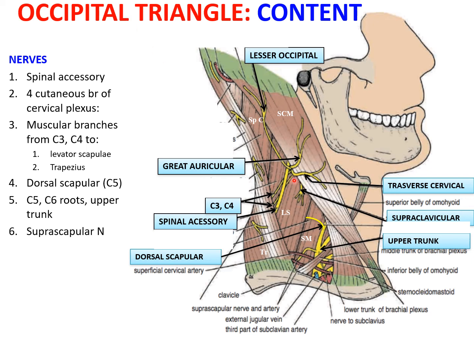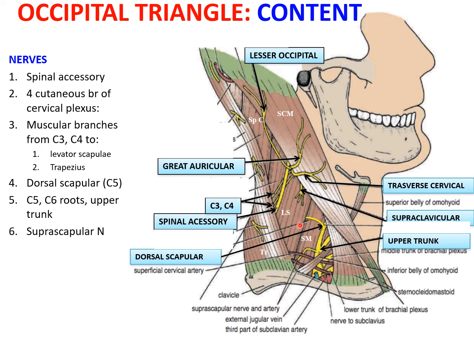You will also notice the branch to the rhomboids, that is the dorsal scapular nerve. This dorsal scapular nerve will pierce the scalenus medius and pass deep to the levator scapulae to reach the back, where it will lie deep or anterior to the rhomboid muscles and supply them.